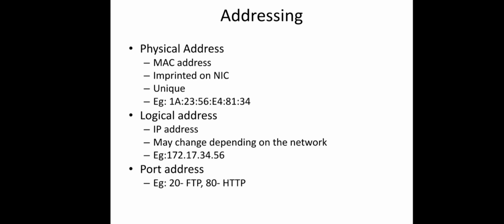Like that, a set of initial numbers are reserved for well-known services, and the remaining numbers from 1024 onwards can be assigned for user processes. Those port numbers are used for identifying the corresponding process to which the communication happens.